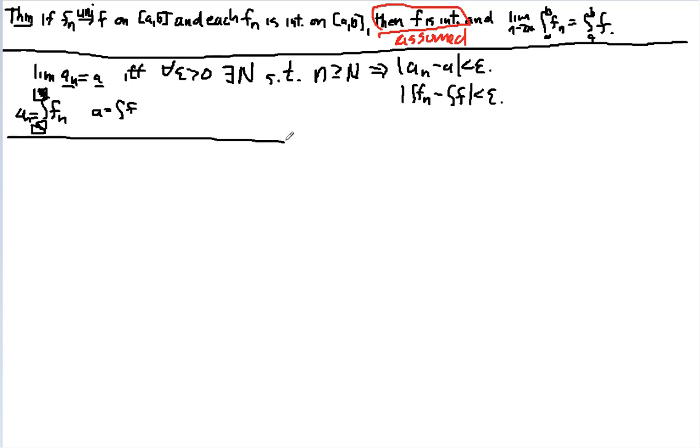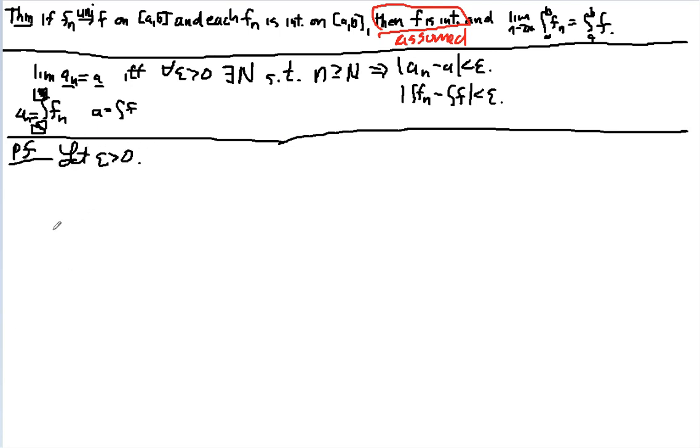So let's actually prove it. Proof. I need to prove for all epsilon, so I'm going to let epsilon be bigger than 0. The punchline of the proof is that for all n bigger than or equal to capital N, if you subtract the integrals for large enough n, you're going to get something less than epsilon.